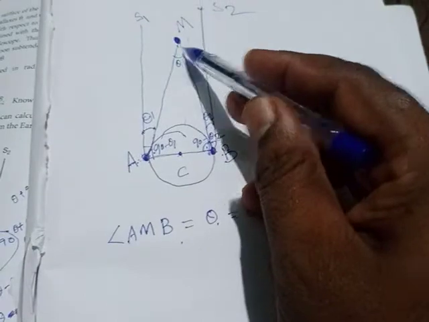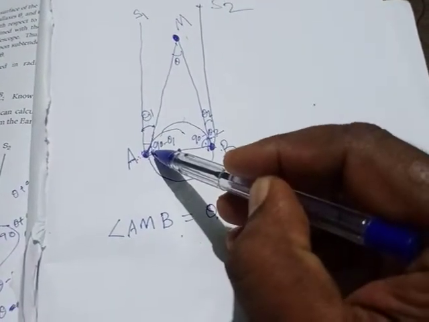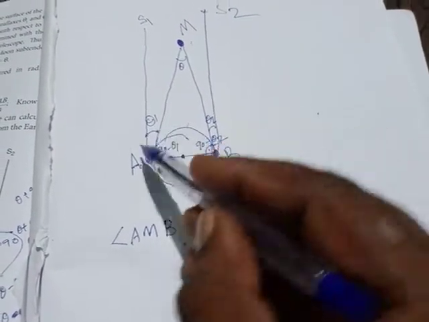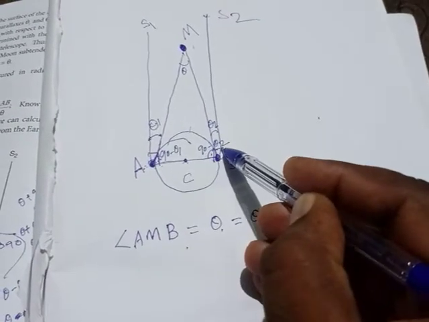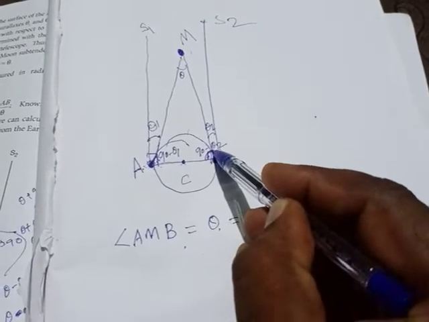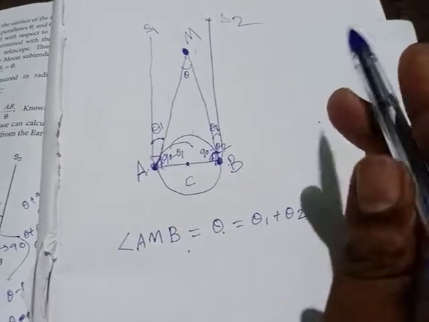You know this triangle, if you calculate the three angles, we will get 180 degrees. And here, this is 90 minus theta 1. This angle is the same, 90 minus theta 2.